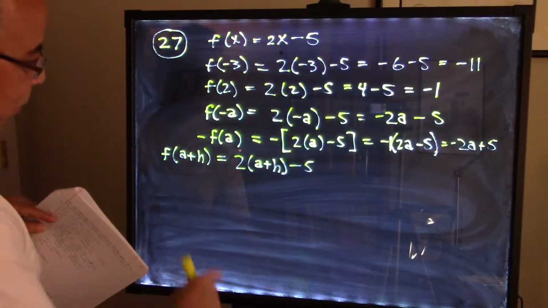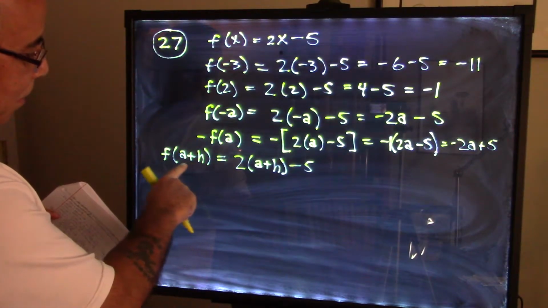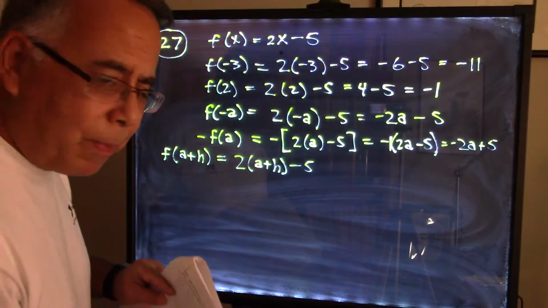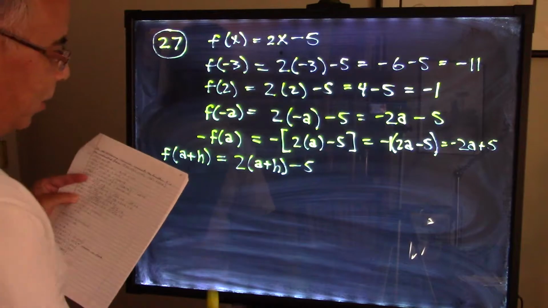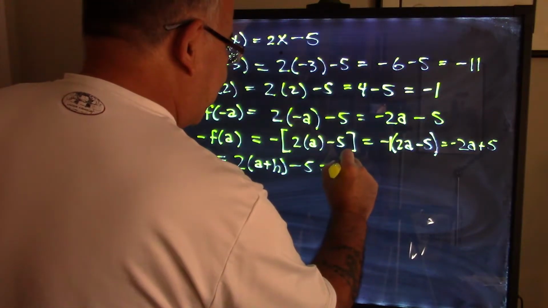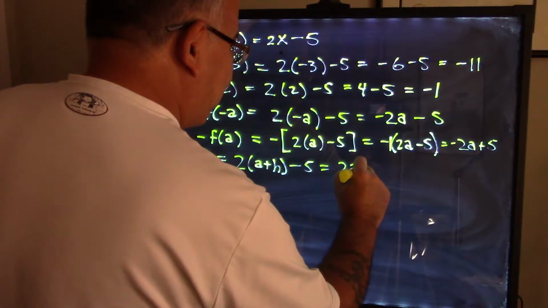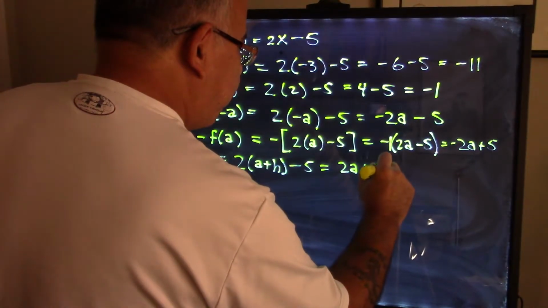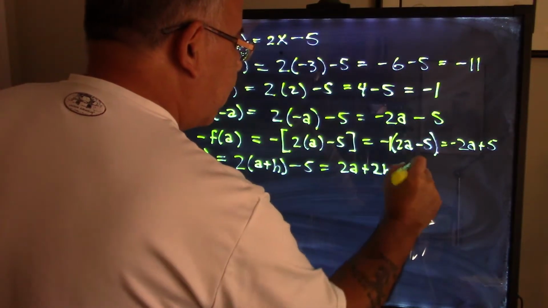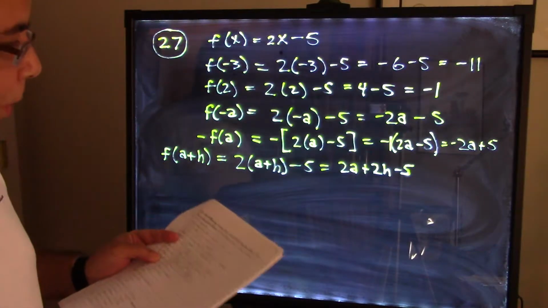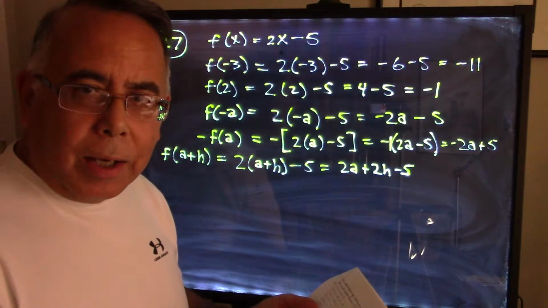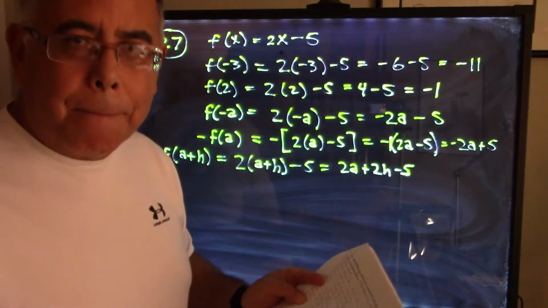Alright. So again, whatever goes in here goes into where you see the x in the formula. Okay. And then distribute the 2 through. 2a plus 2h minus 5. I can't do anything more with that as far as simplification, so that's my final answer.